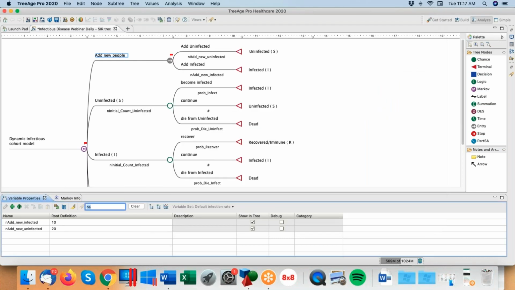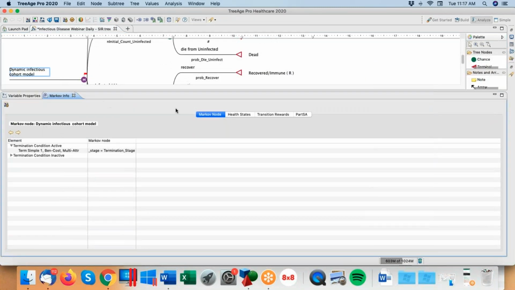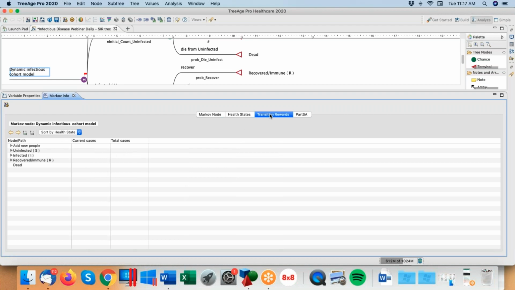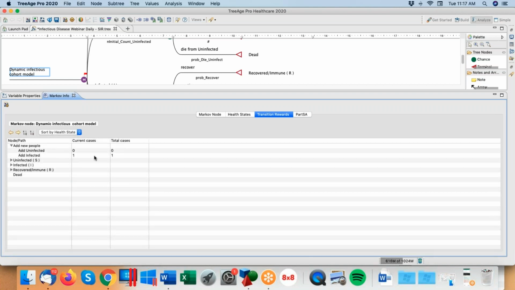If I look at the Markov cohort Markov info view, at the Markov node, I can see how they are being updated. The first one is the current cases, and the next one is the total cases. Because infected is a case, I need to update that by 1 for the people who come in infected already. Then as time goes by and events occur, see here the new people coming in, that's another case that I have to add.